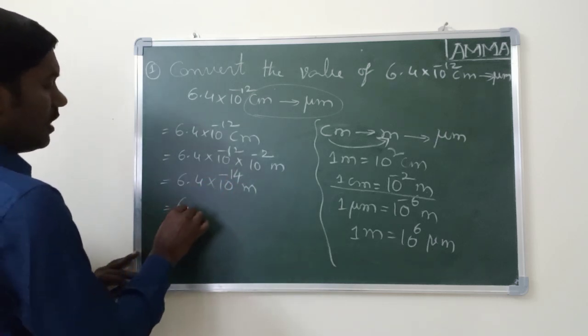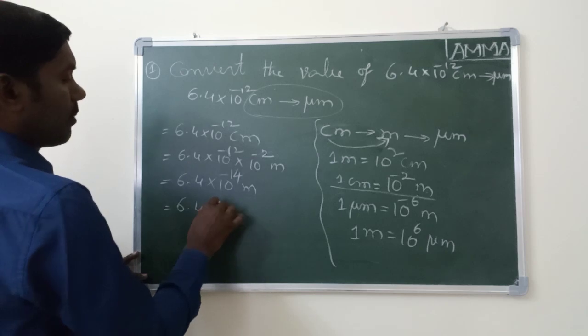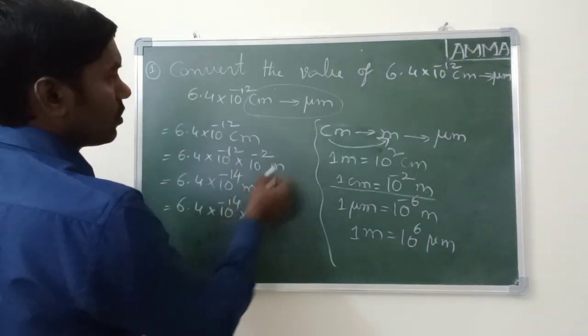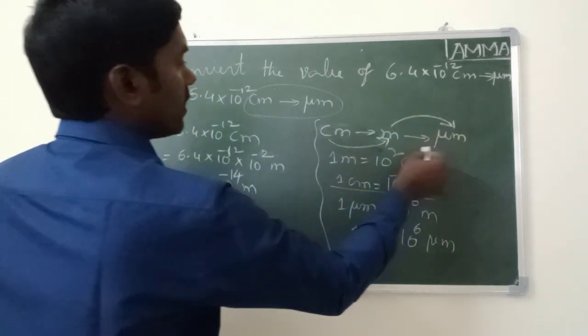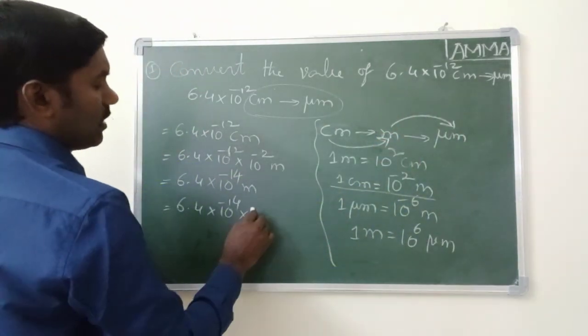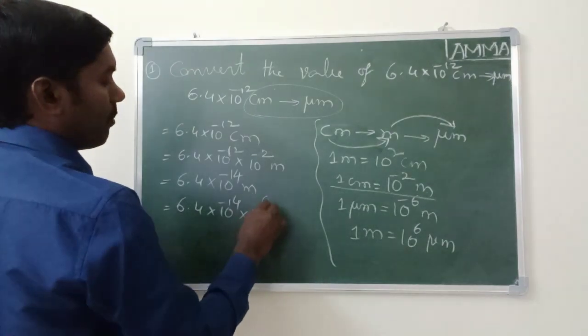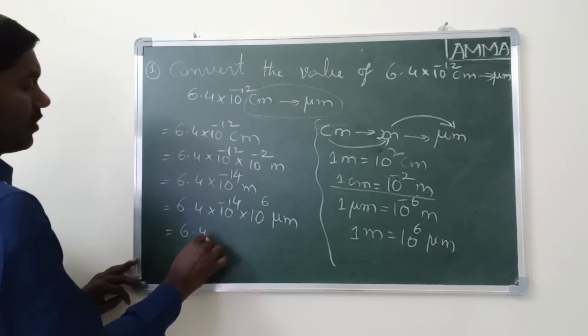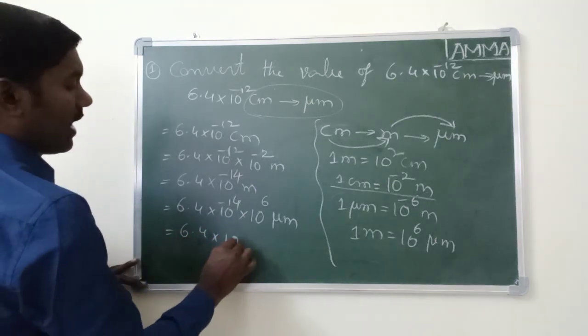That is equal to 6.4 into 10 power minus 14 meters. The second step is from meters to micrometers. 1 meter is equal to how many micrometers, students? 10 power plus 6 micrometers. So that is equal to 6.4 into, the base is the same, powers we have to add.